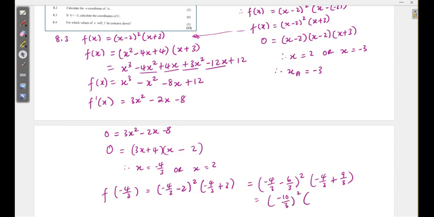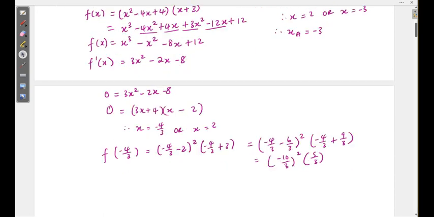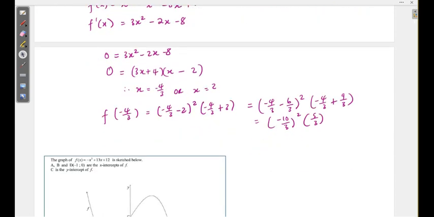Okay, I calculated for the whole value, and the answer is 18.52. Remember, you need to write it in fraction form.